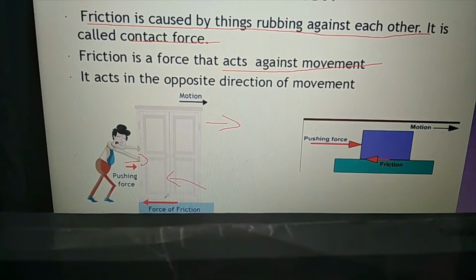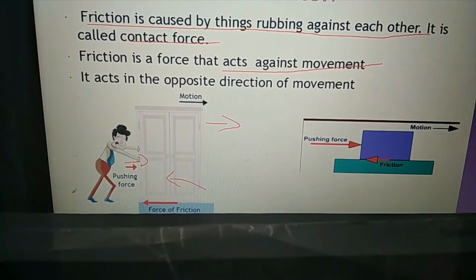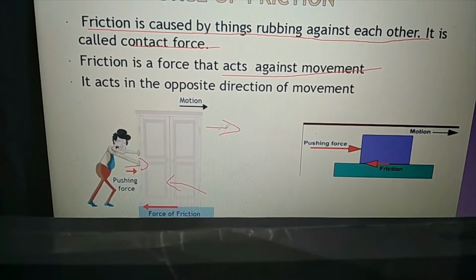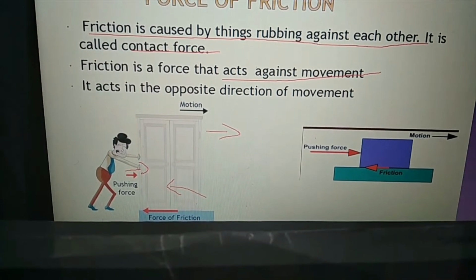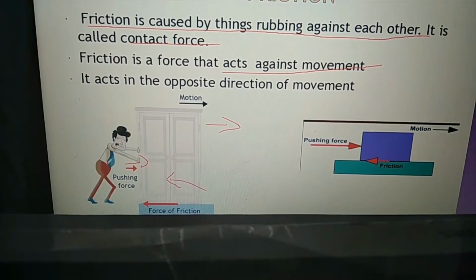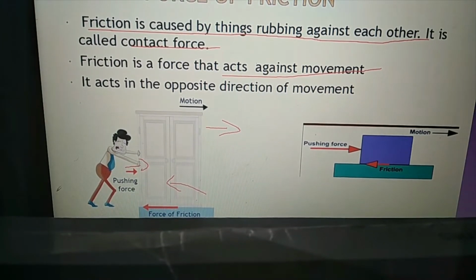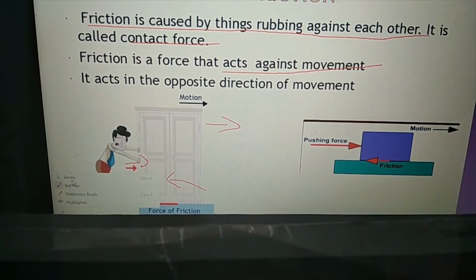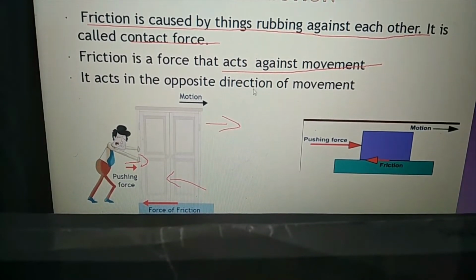It acts against movement. The pushing force is to this side, then friction is going to act to the other side. That is what it means by acting against movement.